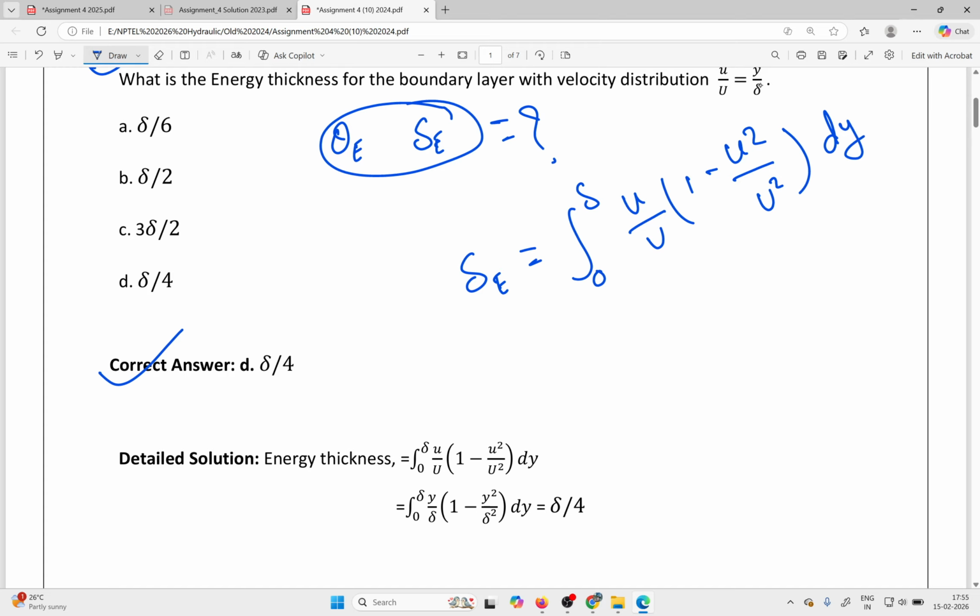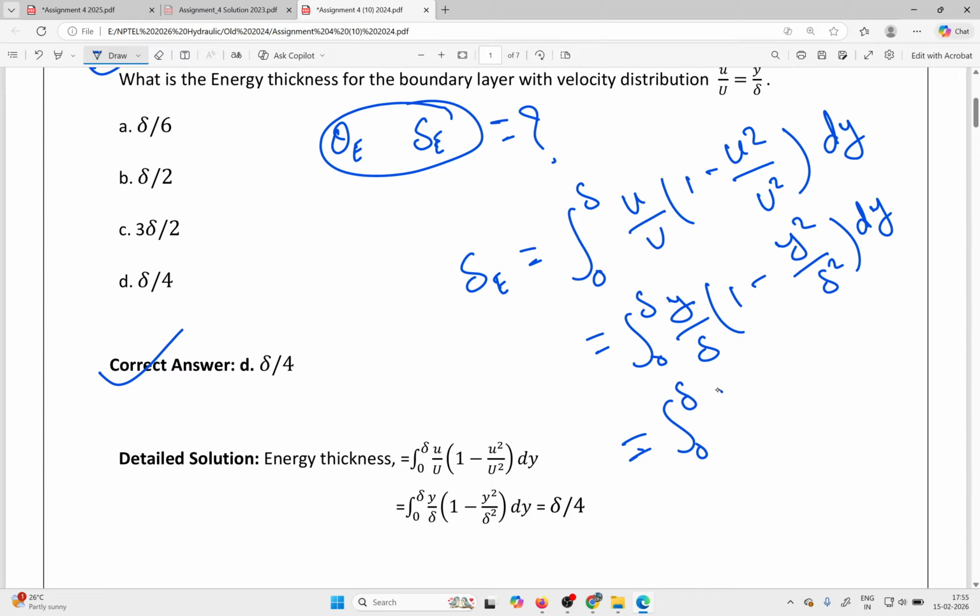Now you have y by delta, so integral from 0 to delta of y by delta times (1 minus y square by delta square) dy. Then delta by integral of y by delta dy minus integral of y cube by delta cube dy.